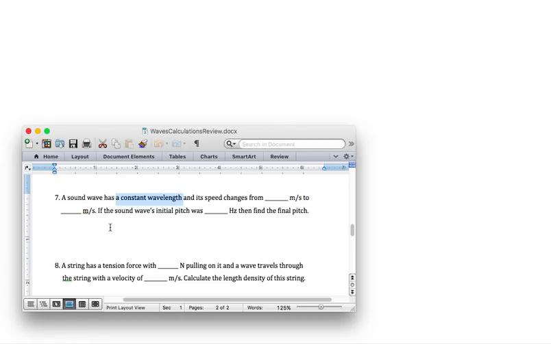A string has a tension force with blank newtons pulling on it. All right, so force of tension. We want to use the same letter for force that we have been, F, but we'll give it a subscript of uppercase T, the force of tension.